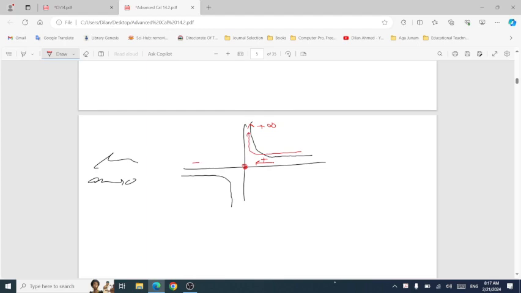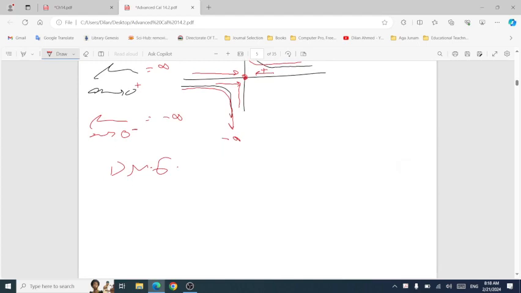When I'm going to the negative part, I'll get what? The graph is going to where? Down. Clear? Then you say does not exist. Understood? Good. It's not indeterminate. Indeterminate is something else. Careful. Indeterminate is 0 over 0 or infinity over infinity, and many other cases. We covered it in calculus 1.